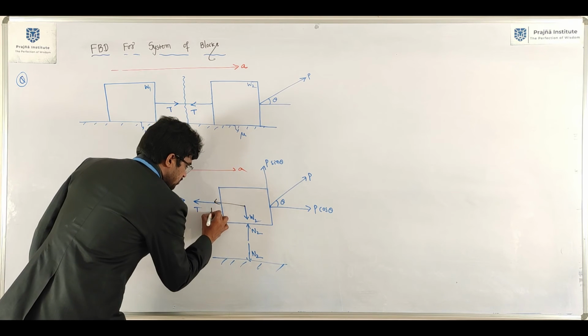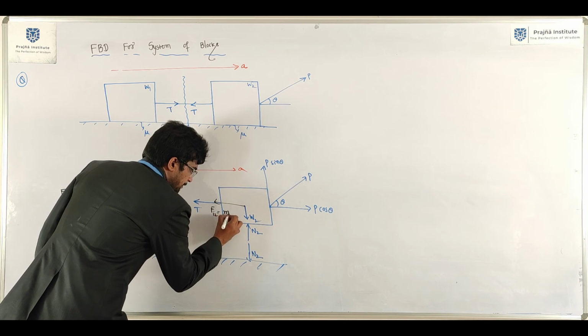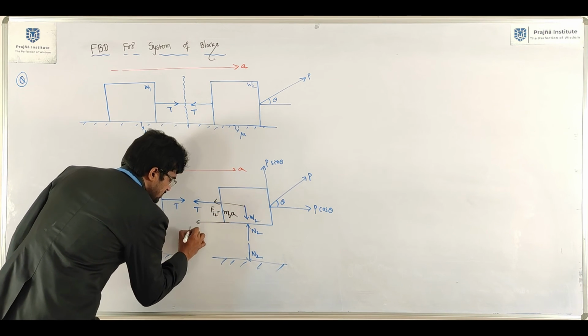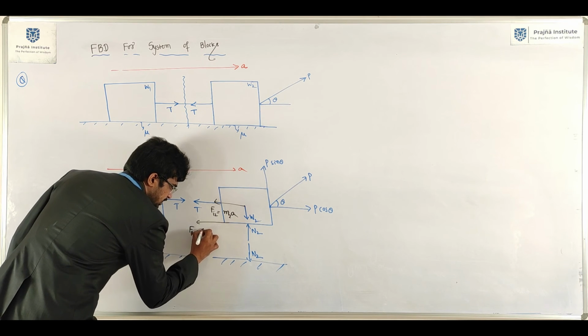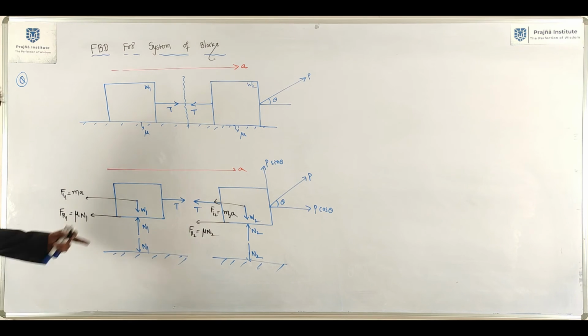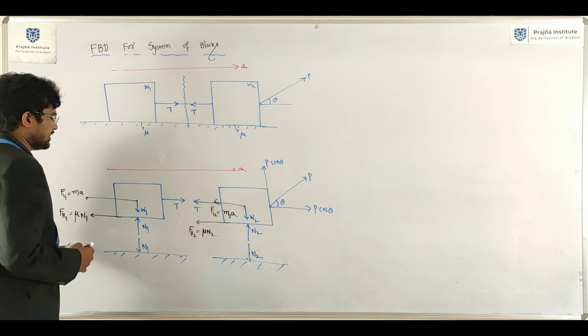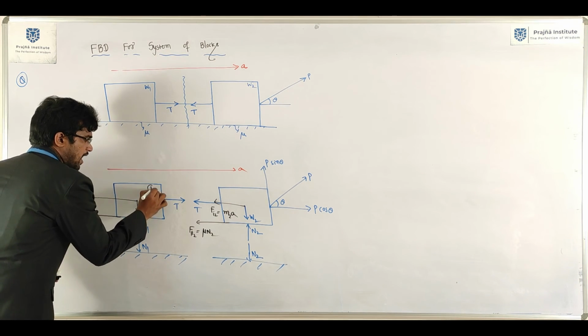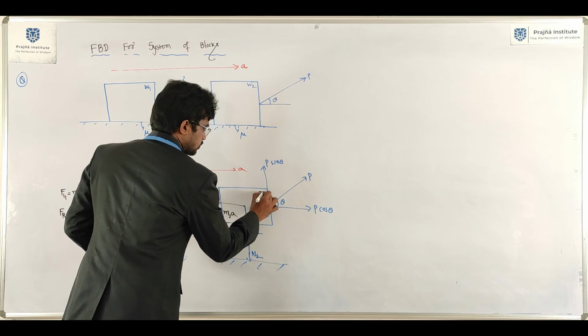Okay, inertia force in block 2 is mass 2 into acceleration, frictional resistance in block 2 is mu into N2. It's a matter of applying the free body diagram for block 1. This is block 2.